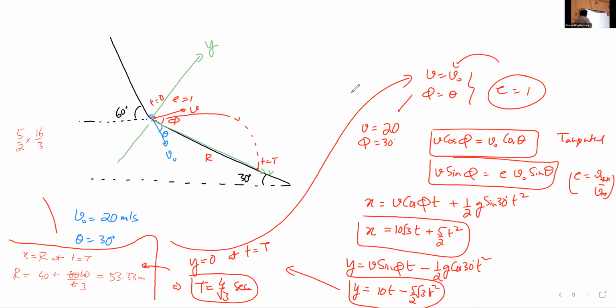Why 9, beta? No, it's root 3 ka square, na beta? The time is 4 by root 3, na? Okay. So this is the final answer we should be getting for the range. Yeah.